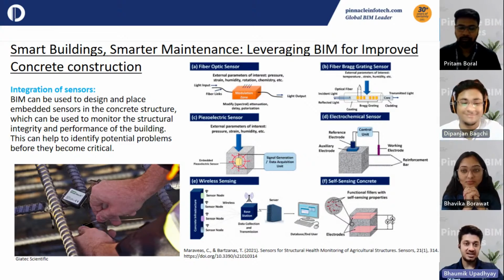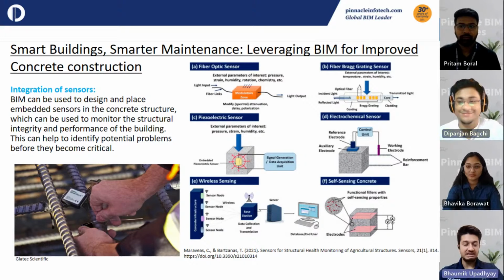The next advantage that I think of is data analysis. We all want to analyze data today: how the building is performing, how the structure is reacting, how loads are acting on a structure. BIM can be used to collect all the data, and it can help us derive the efficiency of the concrete.